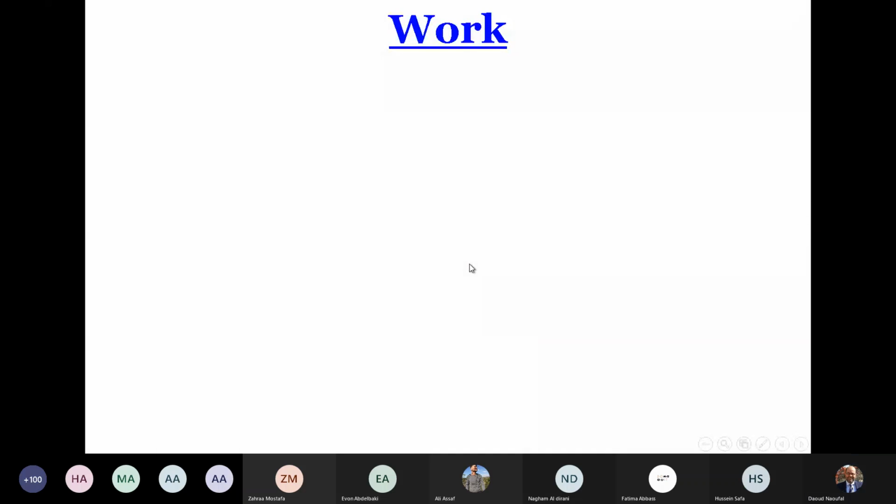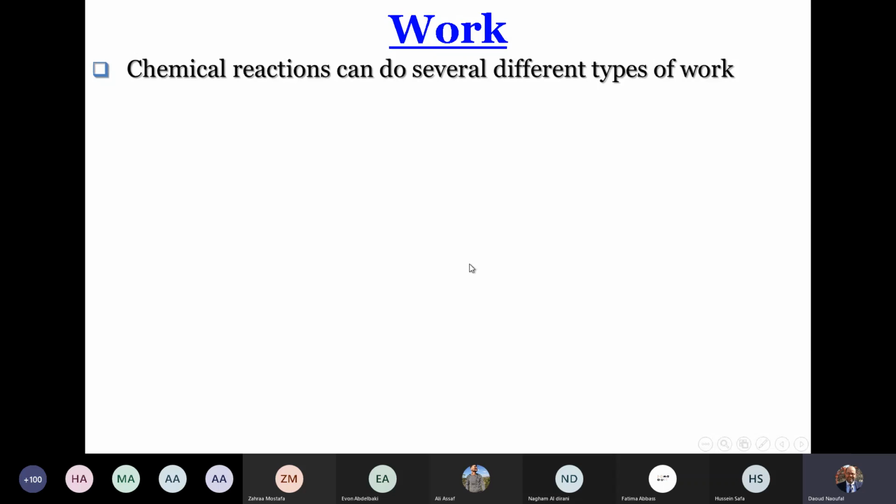Work. What is the definition of work? A chemical reaction can do several different types of work, and in the next slides, I will talk about the work of chemical reactions. For example, in our car, we burn fuel, so we have a chemical reaction.